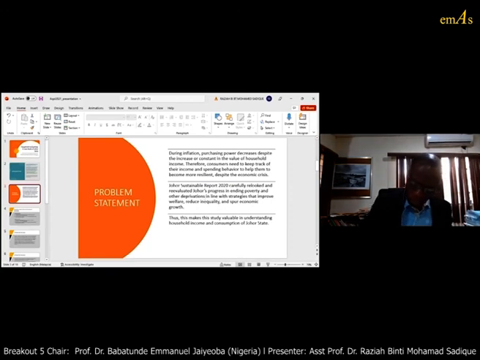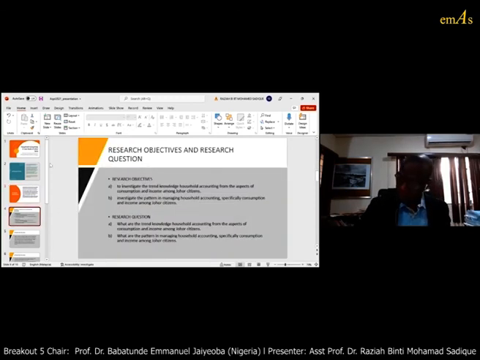We studied just one state in Malaysia. We have 13 states, and we only studied one, that is Johor, in the southern part. The objective is first to know the knowledge of household accounting among the people in Johor, and to investigate how households manage their income and consumption.